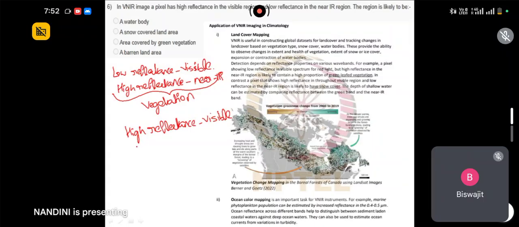So if a material is having very high reflectance in the visible and very low reflectance in the near IR, then that is basically snow cover. Here the question is high reflectance in visible and low reflectance in near IR. What will be the answer?